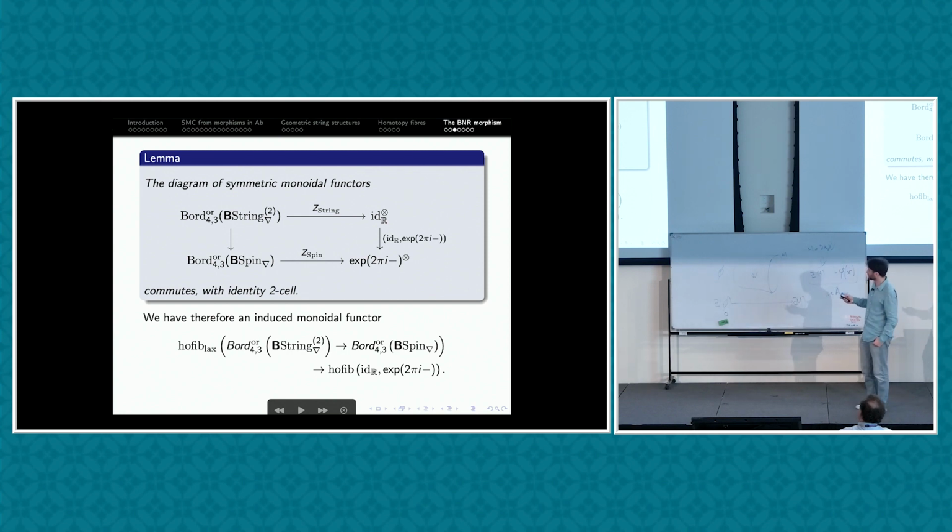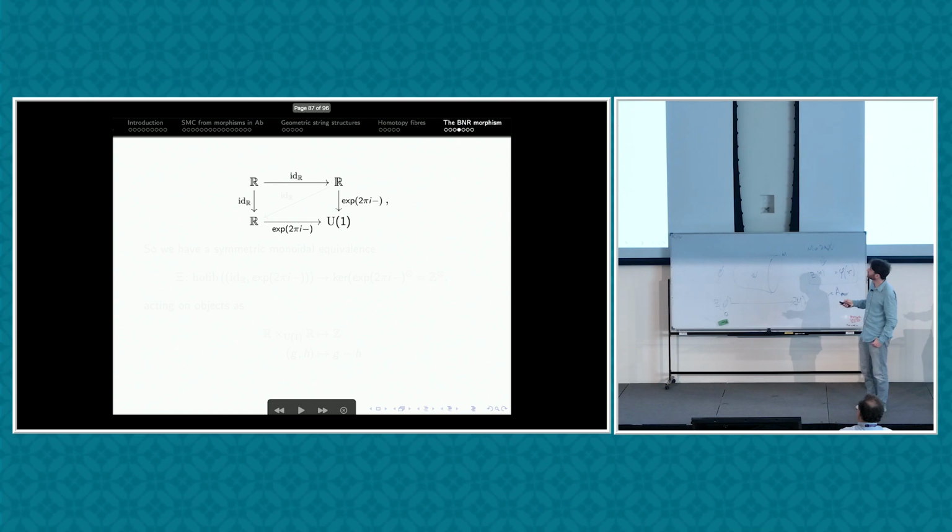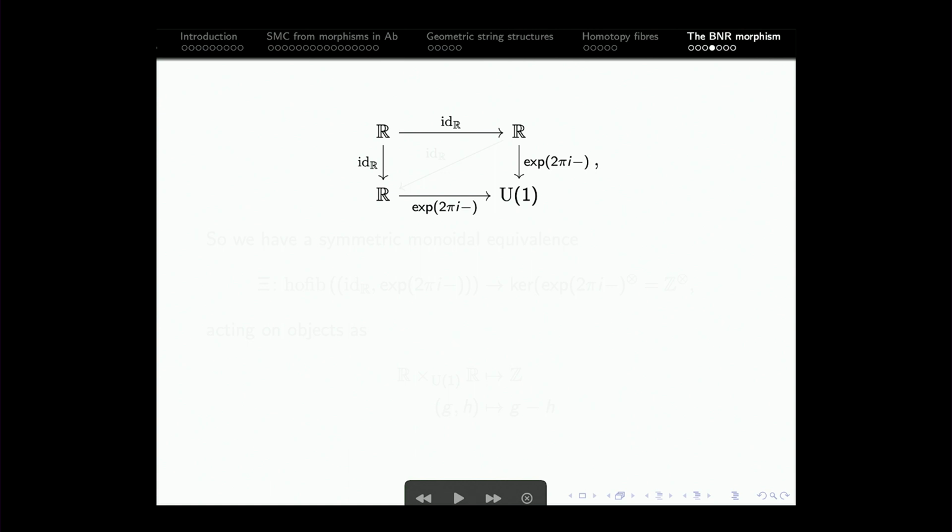But now, as I said, this diagram has a very simple splitting given by the identity here. So the homotopy fiber of this has a quite explicit description.